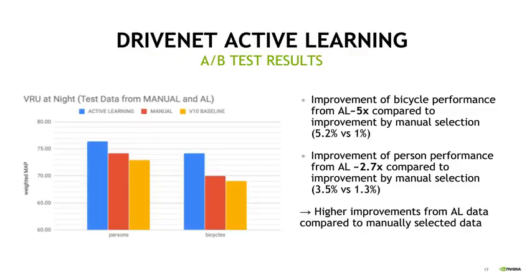So doing this and running an A/B test at scale, which was quite involved because this means that you have to essentially go label data from both the manually selected pool and the actively selected pool, we ended up showing that active learning led to considerably better results. So particularly for things like bicycles here at nighttime, we showed a 5x improvement compared to the manual baseline.